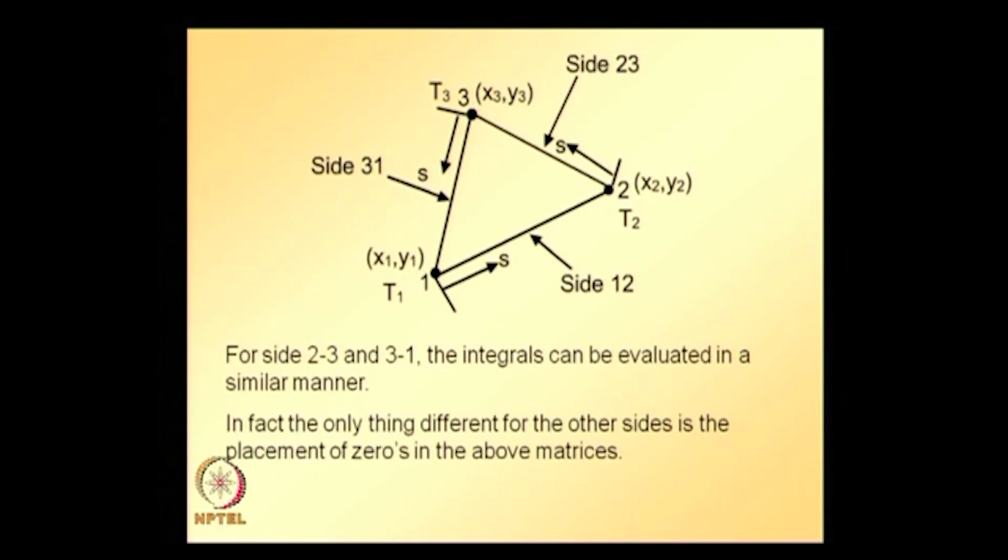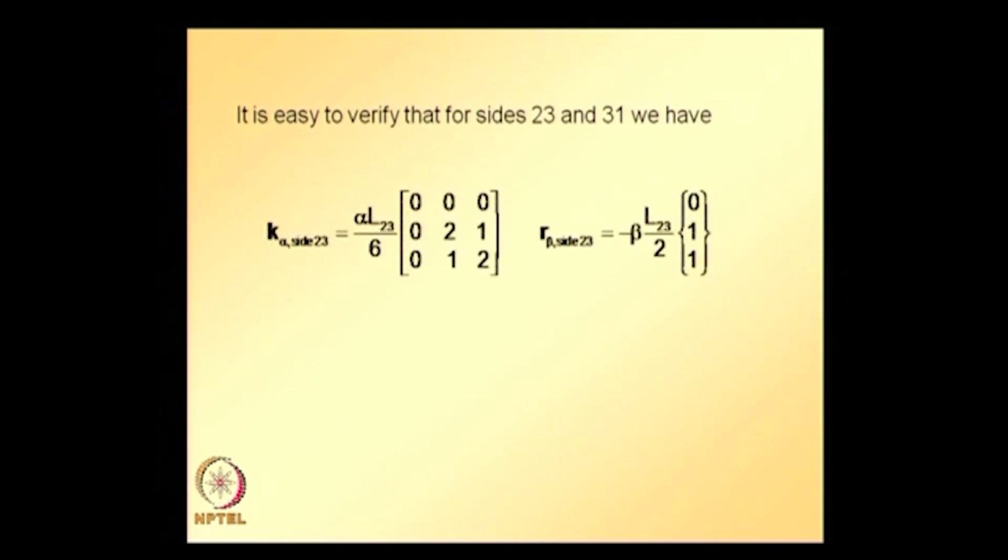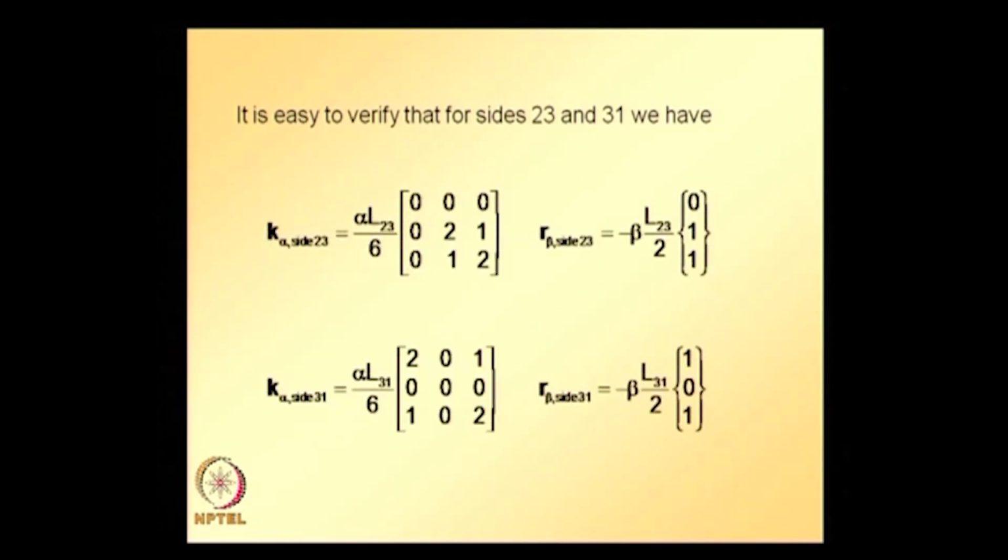So, now to see the application of whatever element equations we have developed, we will take up a numerical example. And also it is easy to verify that for sides 2 3 and 3 1, the simplified forms of k alpha and r beta are this.